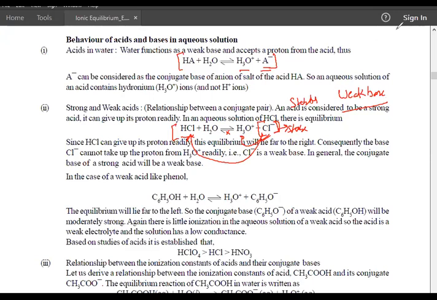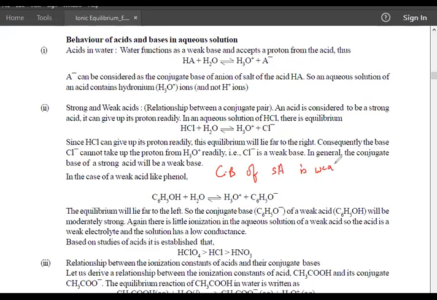So the conjugate base of a strong acid is weak. In the same way, the conjugate base of a weak acid is strong. Got it, everyone?